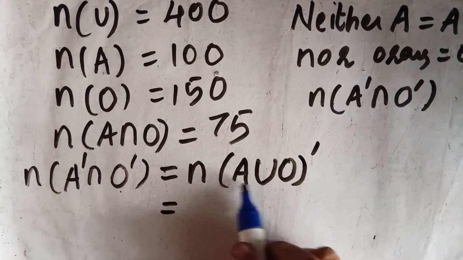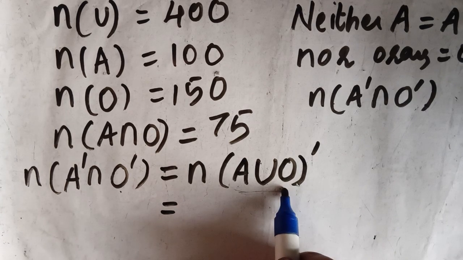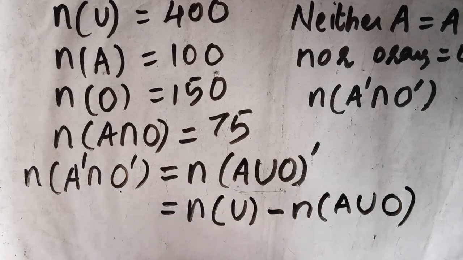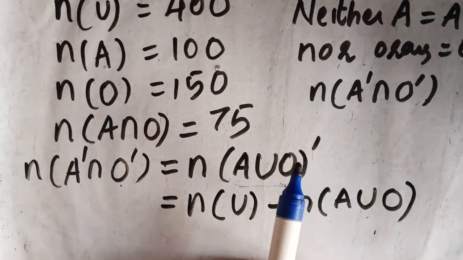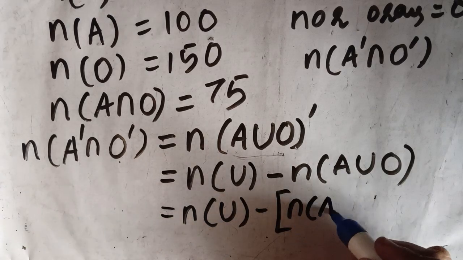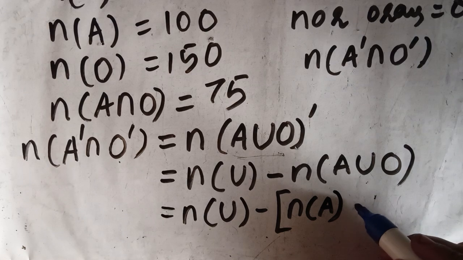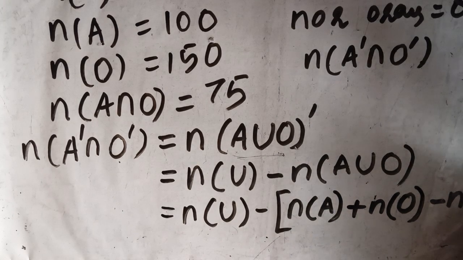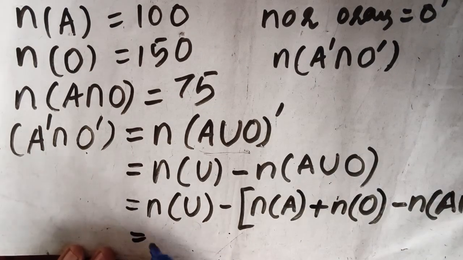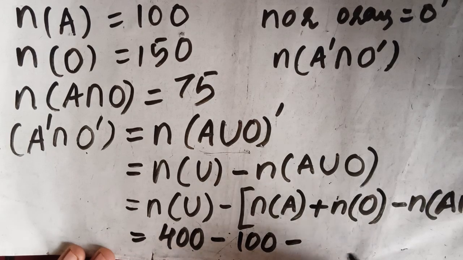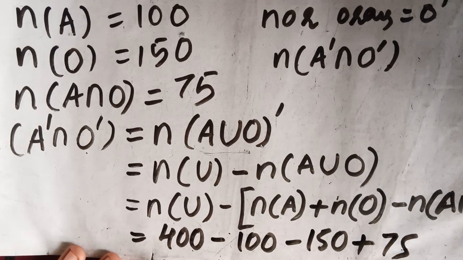Now complement means we are removing this set from our universal set, so this is U minus A union O. A union O you can find by using this formula: number of elements in A plus number of elements in O minus A intersection O. So substituting the values, 400 minus, you have to take inside, 100 plus 150 minus 75.